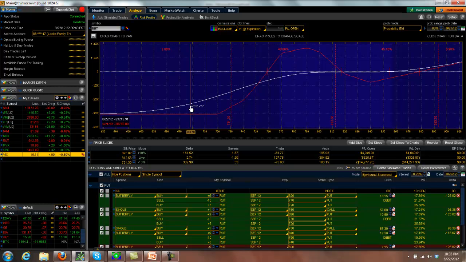And I'm just going to go over an example of that by looking at the current position we have right now. I'll go over the changes I made a little bit later.